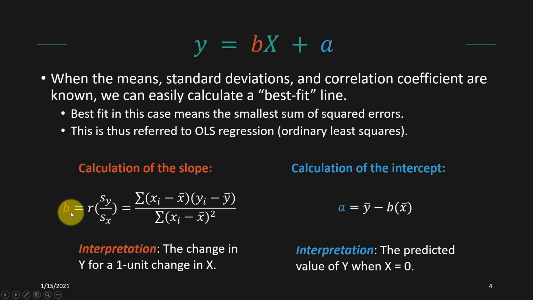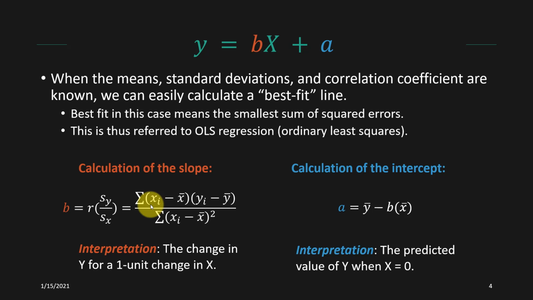Well, if we use this formula, we're going to get a slope that will always give us the smallest sum of squared errors. So, in the same way that the mean has the special property of giving us the smallest sum of squared errors, if we follow these formulas for ordinary least squares regression, now rather than a single value that gives us the smallest sum of squares, we're going to have two values, an intercept and a slope, that will produce the smallest sum of squared errors.